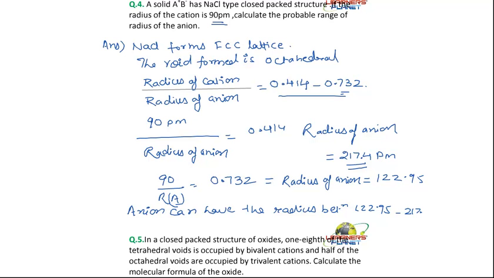Right? So that is the radius range: 122.95 till 217.4 picometers. Right?